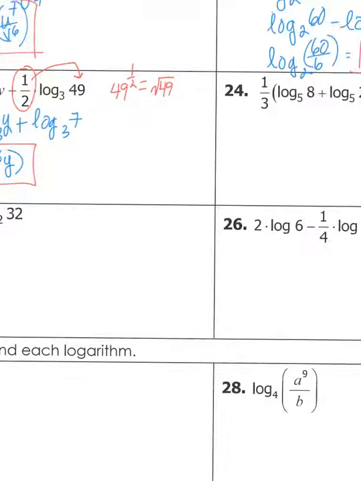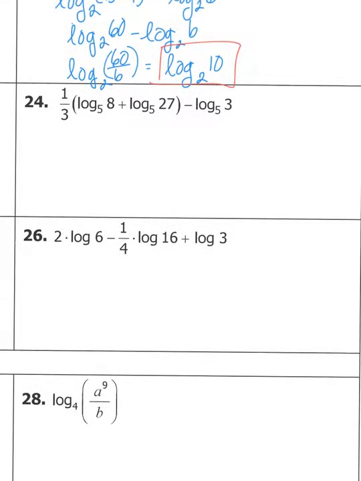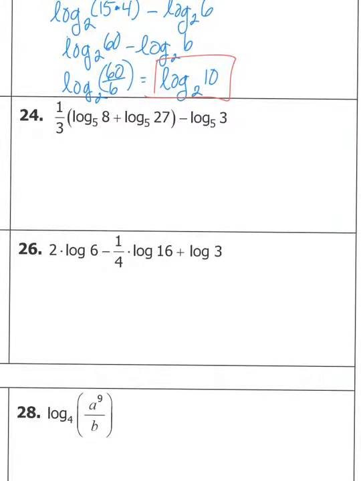So for 24, I would highly suggest that you distribute the log here and here first. Well, that's not true. You could actually compress this first too. It doesn't matter which one you do first. Let's go ahead and compress first.